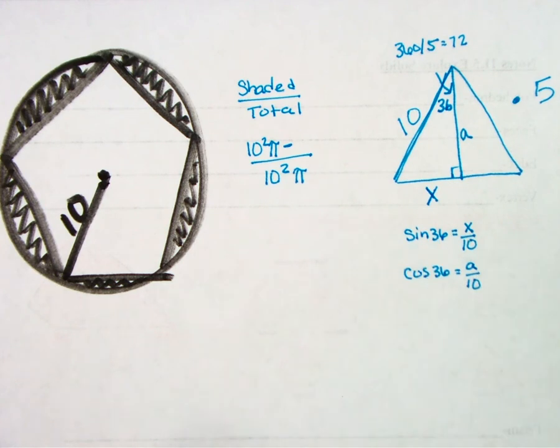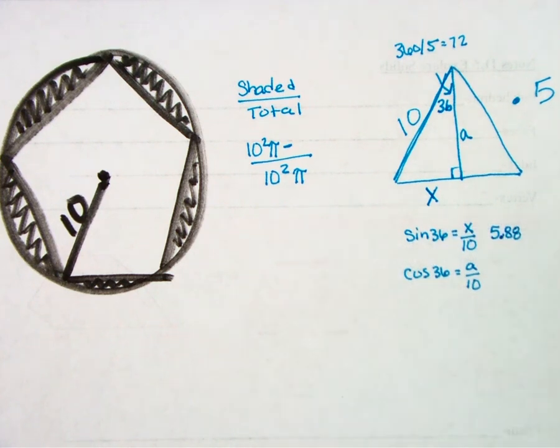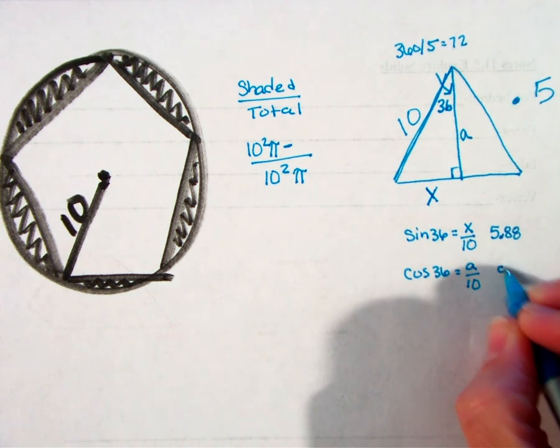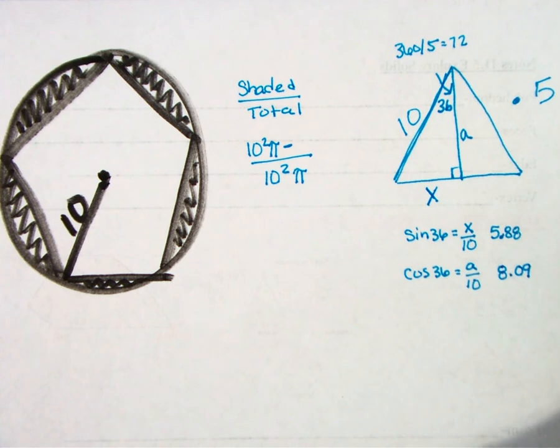So I'll go 10 times the sine of 36. Just 5.88. And then this is 8.09.